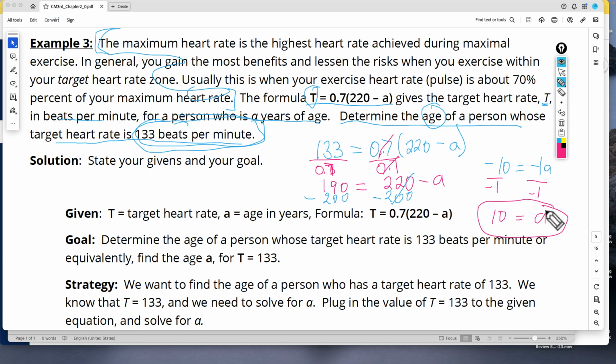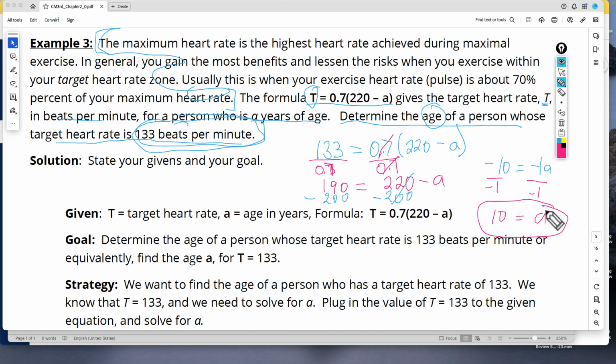We good with that? Okay, so again, you've got some creativity that you can do. You could choose to distribute the 0.7. You could choose to divide that first and then maybe save a step, whichever feels most comfortable for you. But when you have these word problems, if you get in the habit of reading it backwards, read the last sentence first, I think you're going to find it makes a lot more sense, and you're not steered in the wrong direction.